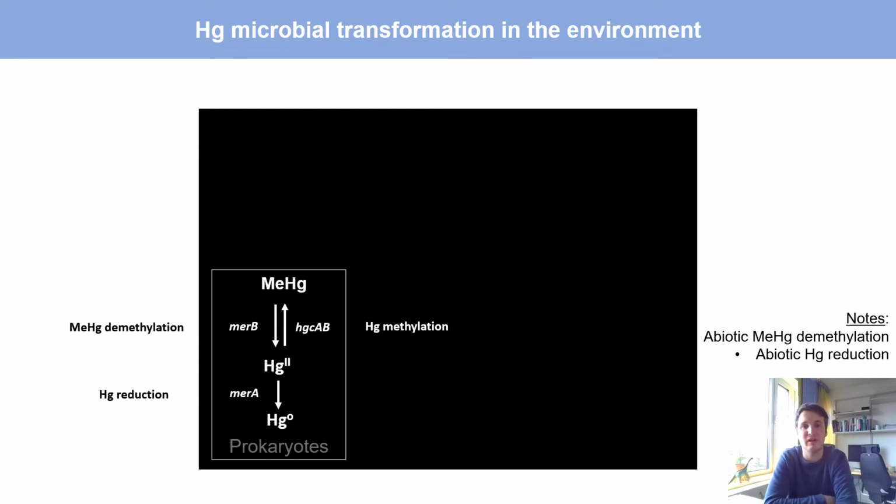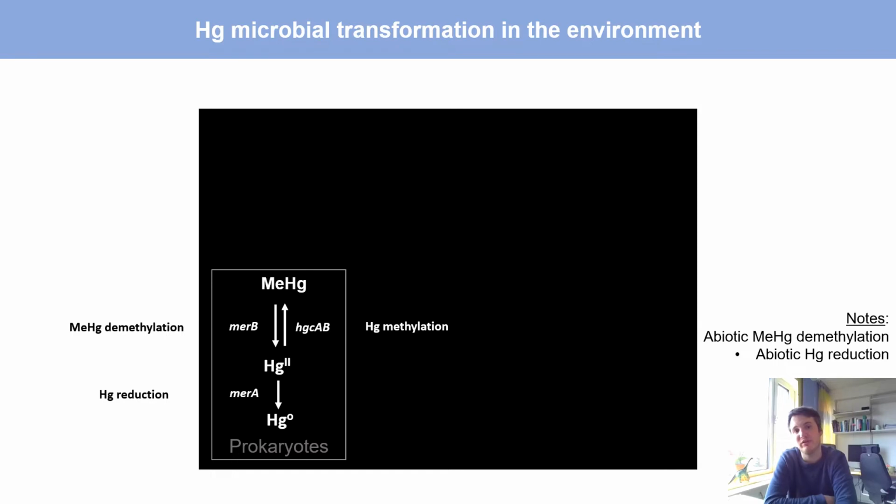For instance, they have the hgcAB gene pair that allows them to do mercury methylation. Other microbes are able to do demethylation of methyl mercury using the merB gene, while sometimes the same microbes or others possess the merA gene, able to do mercury reduction.